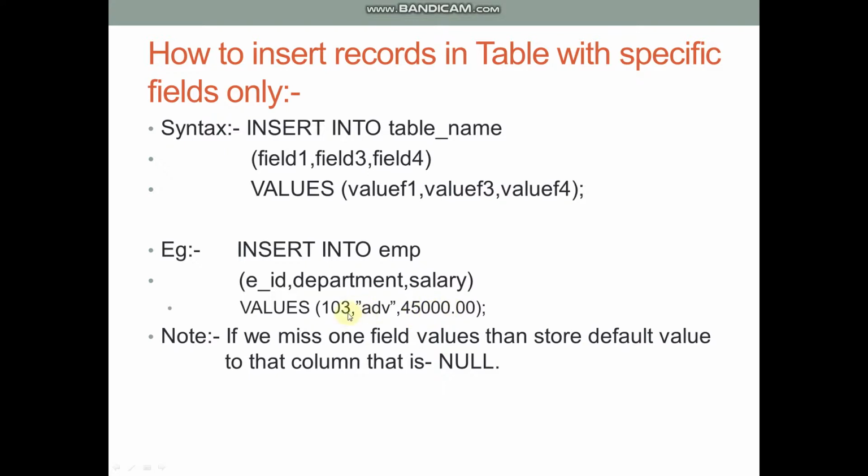So here we are missing employee name, since we are using only employee ID, department and salary in this query. So we are missing one field. For a field that we miss, the database management system will store a default value for that column of the table, and that default value is null.